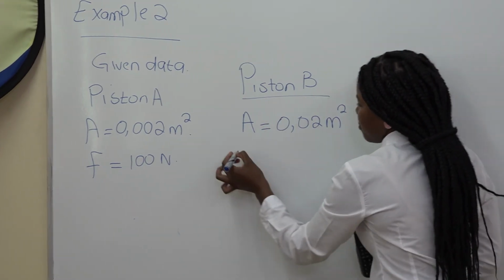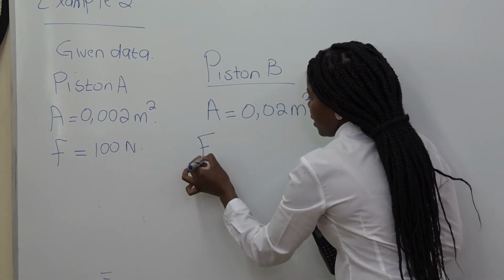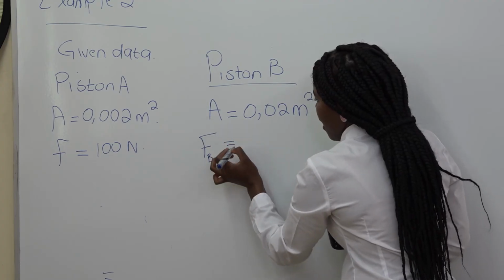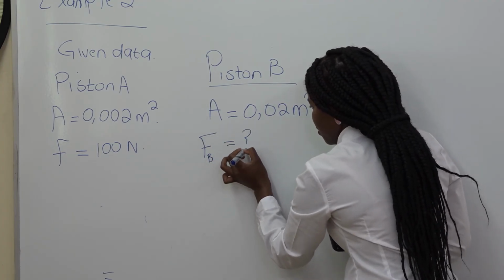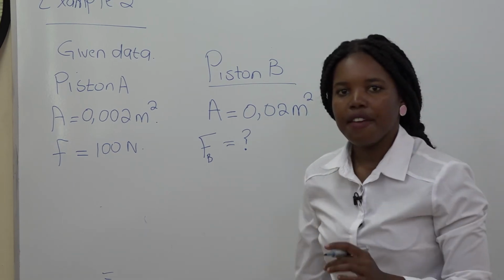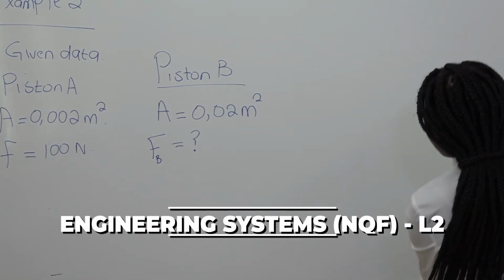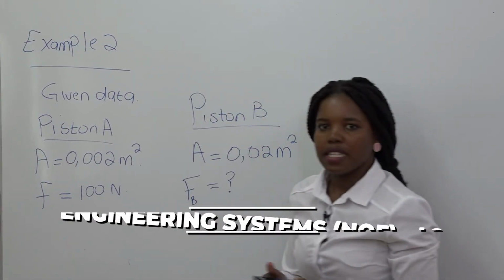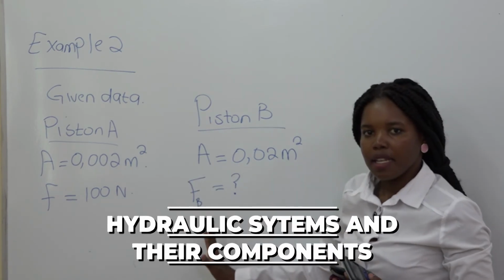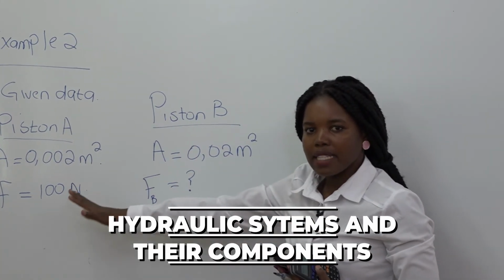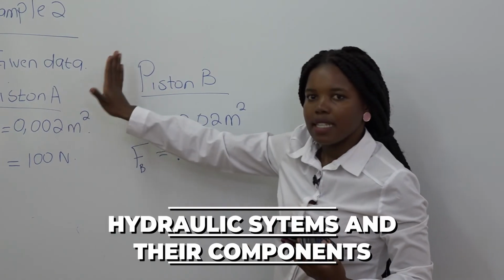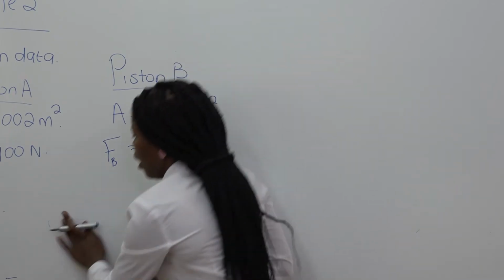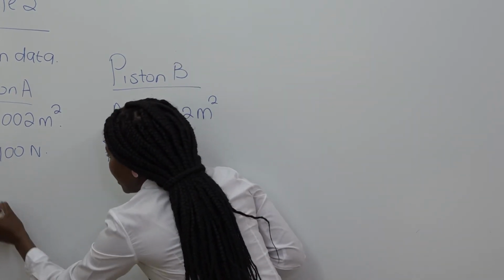The output force, the force of piston B, you can say it's FB, and you're supposed to calculate it. Looking at our given data, piston A and piston B, we know that the pressure applied at piston A is the same pressure that must be applied at piston B, since they are joined together by a pipe.